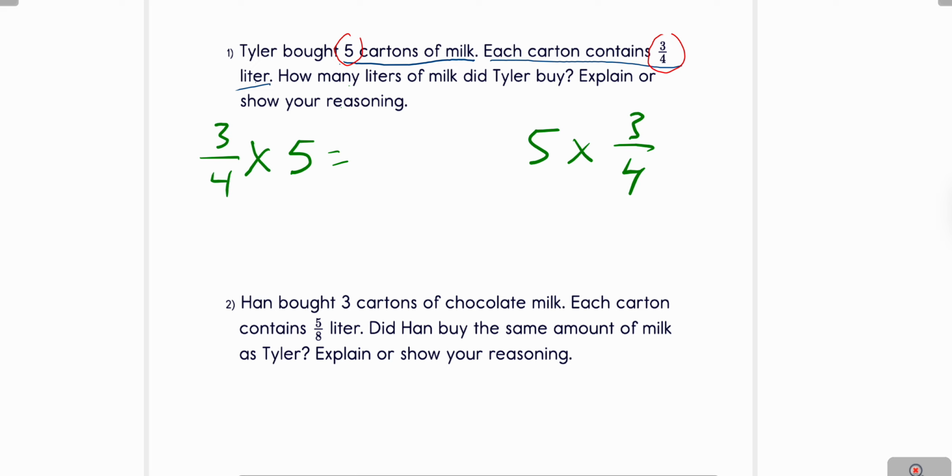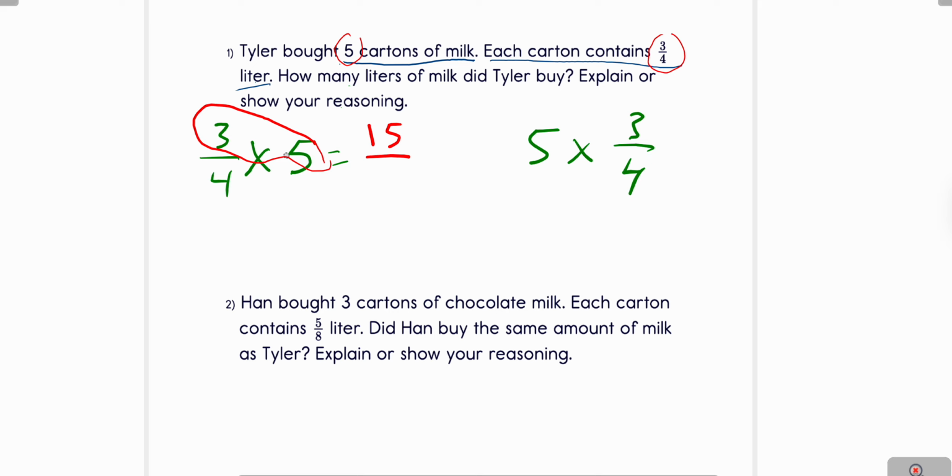So we are still just going to multiply this whole number by the numerator here, and we're going to keep our denominator. So we know that 5 times 3 is 15, but we're not saying 5 times just 3, right? 5 times 3/4.